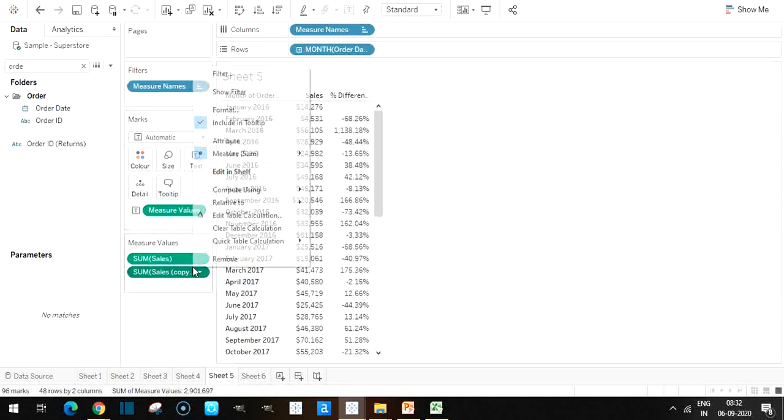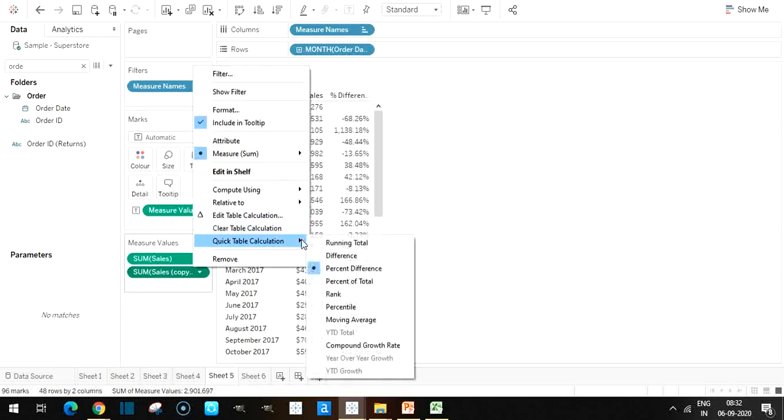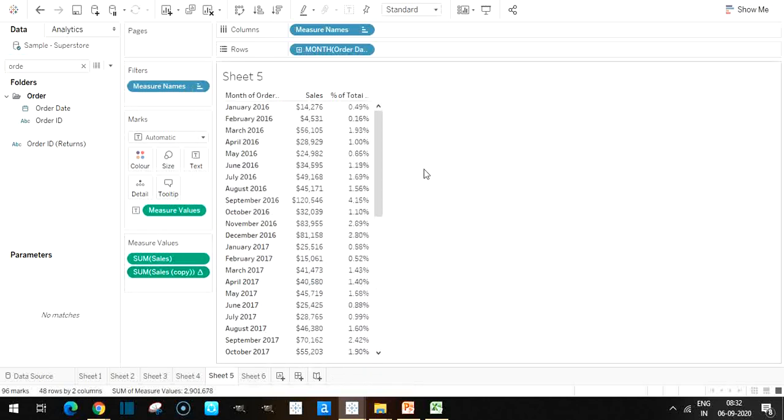Now let us see some more quick table calculations. Percentage of total. As we learned in the pie chart, if you have three categories, technology, office supplies, and furniture, and you want to look at how much each of them is contributing to total sales in terms of percentage, then you can convert this.